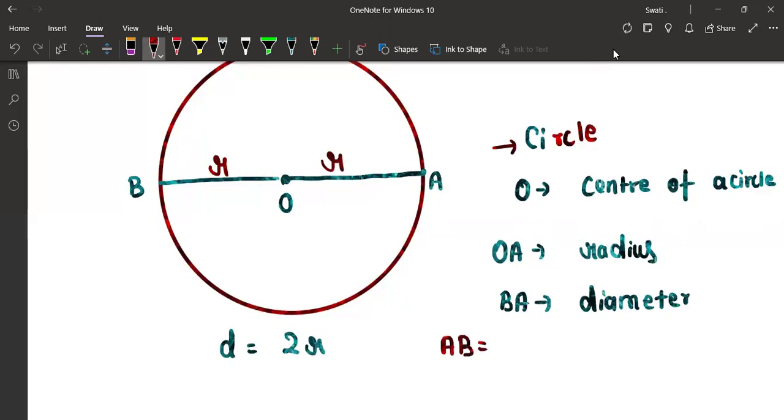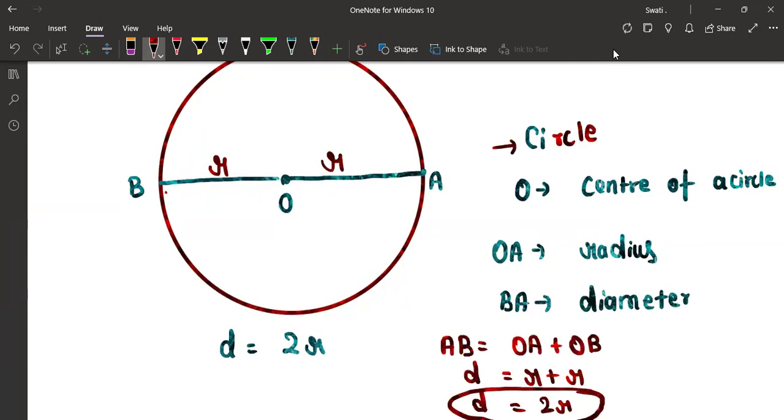AB is your OA plus OB, right? If you talk about this AB or BA, whatever you want to write, it is made up of two parts, OA and OB. What is OA? It's R. What is OB? It's R. What is R plus R? 2R. What is AB? AB is nothing but the diameter of the circle. So diameter is equal to 2R. This is the relation we have got.